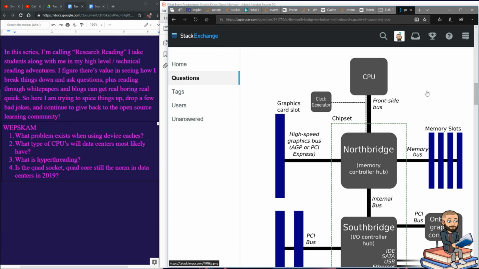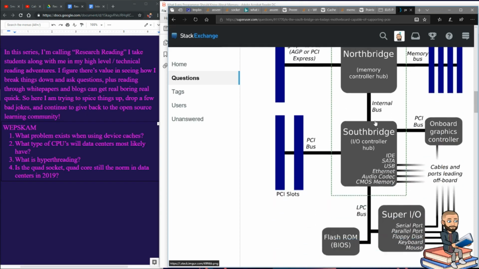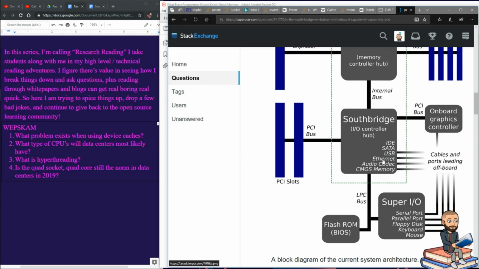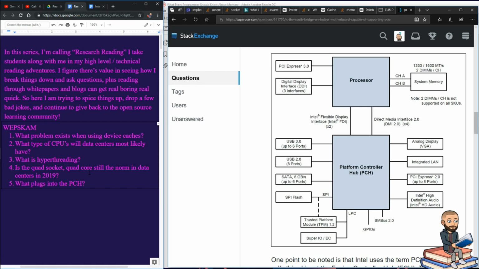So here you go. There's an old CPU, clock generator, our North Bridge and South Bridge. But apparently this is 2015 and older. The new architecture in town is this whole platform controller hub, aka PCH. So to squeeze a question out of this, what plugs into the PCH? And for bonus points, go ahead and say the platform controller hub, and then you can write your answer from there.